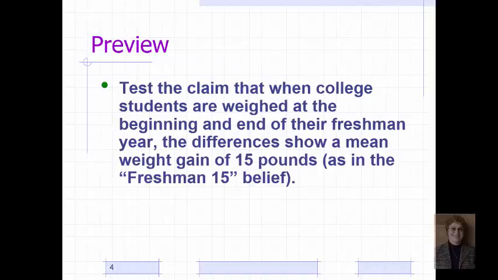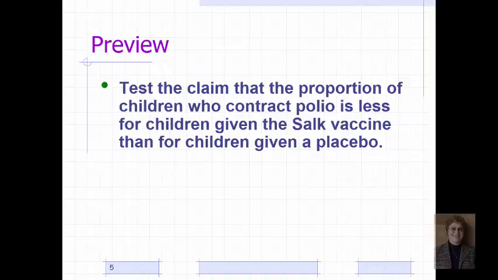So for instance, we might want to test the claim that when college students are weighed at the beginning and the end of their freshman year, the differences show that they gained 15 pounds, as in the freshman 15. Or we might want to test the claim that the proportion of children who contract polio is less for children who had the Salk vaccine than for children given a placebo.